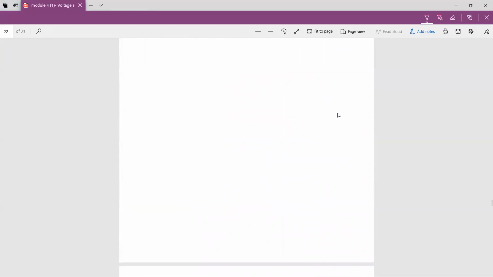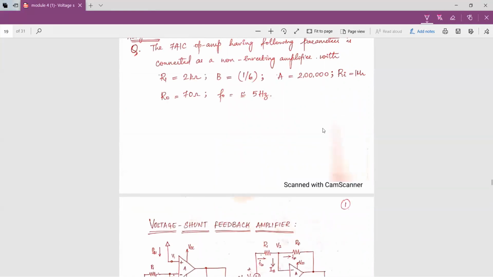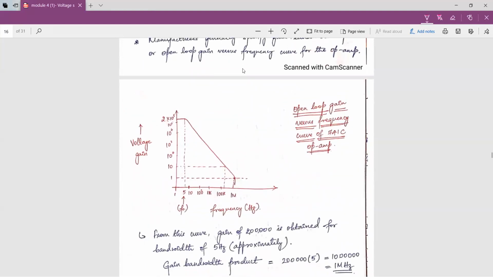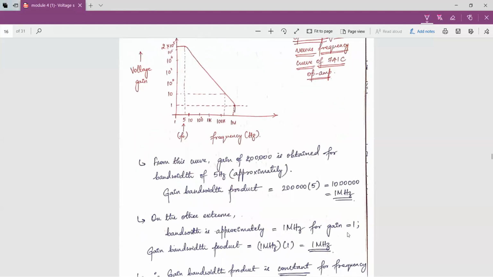If you remember, this is a graph that I considered, wherein at this extreme, the gain bandwidth product is 2 into 10 power 5 into 5, that is equal to 1 megahertz. Okay, and at this extreme, the gain bandwidth product is: gain is 1 and the frequency is 1 mega, so 1 megahertz.